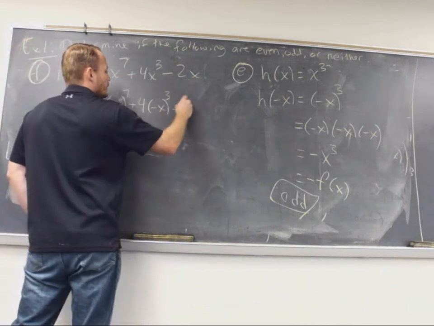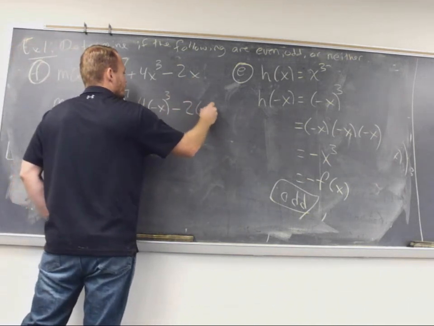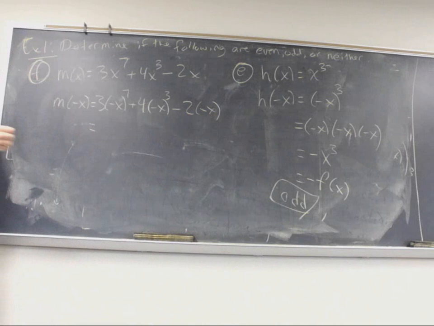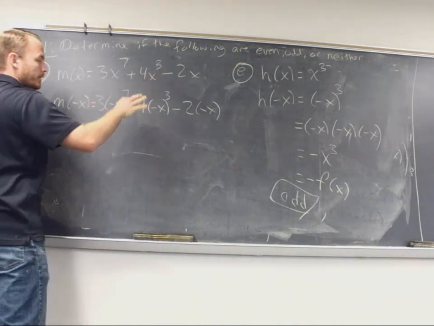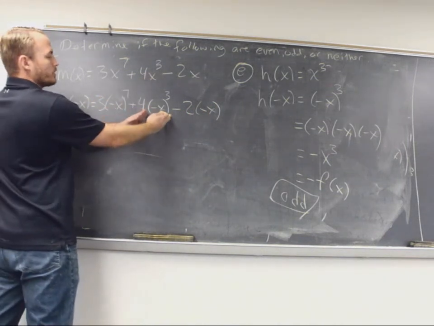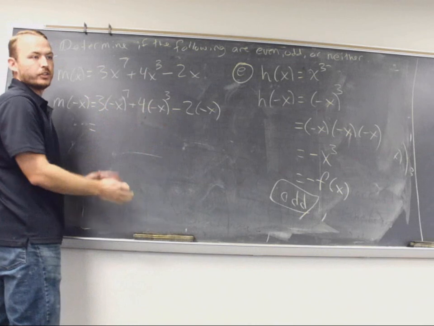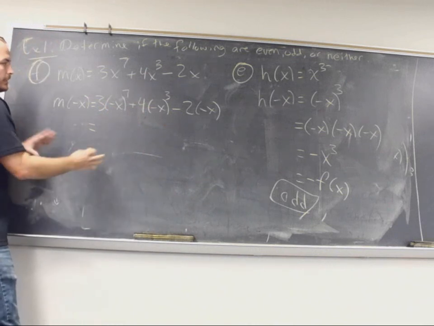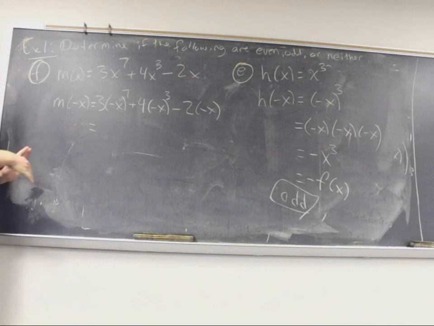Minus 2 times negative x. All right, and if you're still uncomfortable with the even and odd exponent things, how we talked about it, then take one of the smaller exponents like this negative x cubed and do a little side work, and you can show yourself that it does just move that negative out to the front of that term.